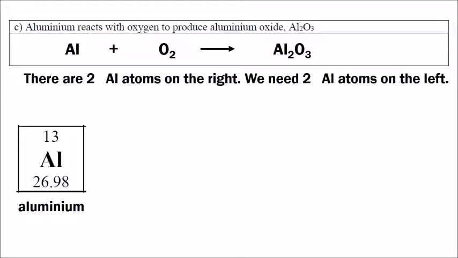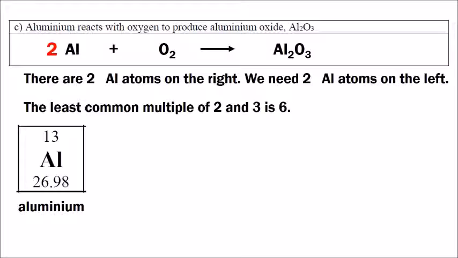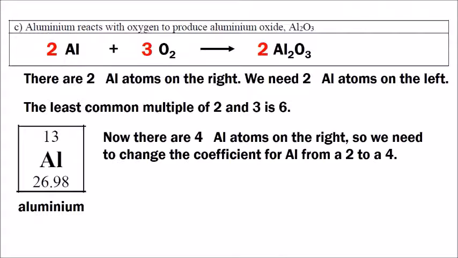There are 2 aluminium atoms on the right, so we need 2 aluminium atoms on the left. The least common multiple of 2 and 3 is 6, so we balance the oxygens with a coefficient of 3 and 2. But now there are 4 aluminium atoms on the right, so we need to change the coefficient for aluminium from a 2 to a 4. Now the equation is balanced.